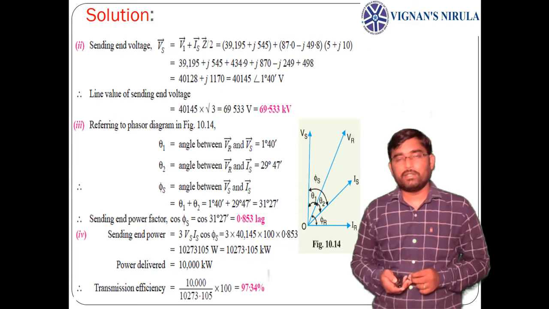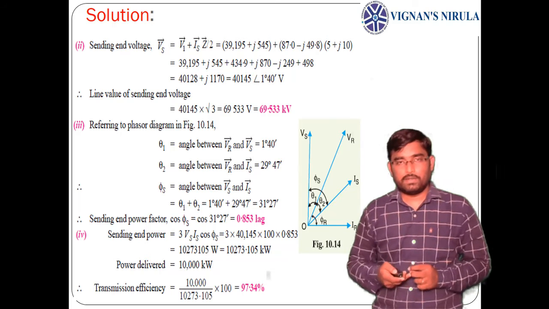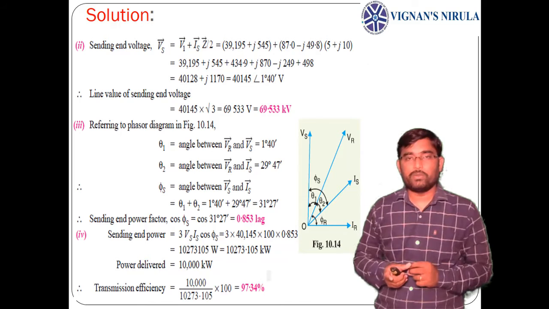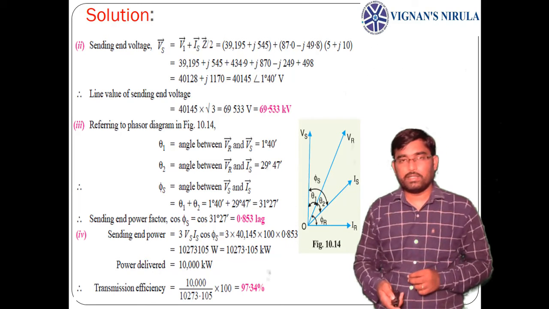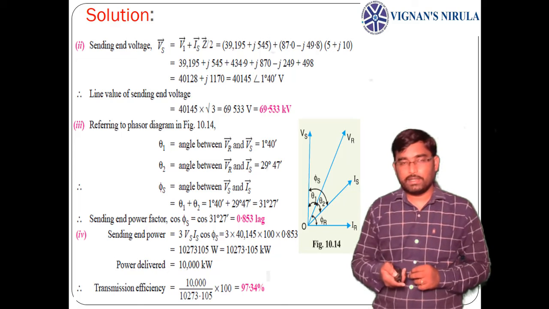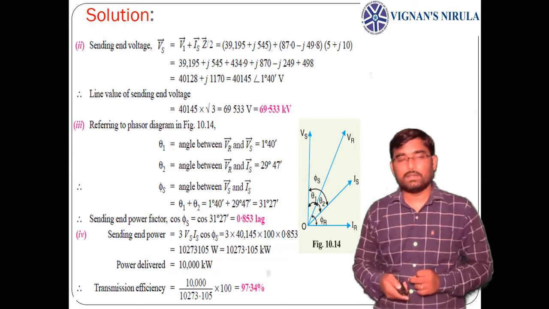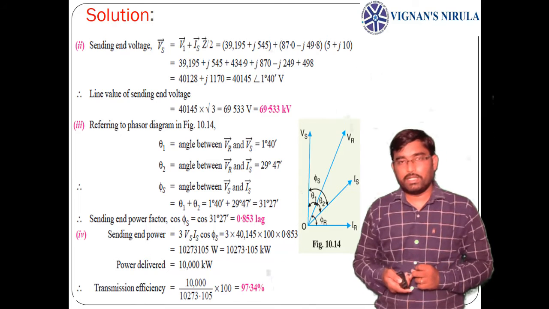After getting the sending end current, of course, we need to find the sending end voltage also. The sending end voltage is Vs equals V1 plus Is into Z by 2. V1 is already obtained, Is is now calculated, and Z is already there. Putting the values of V1, Is and Z in that equation, we get the sending end voltage Vs as 40,128 plus j 1170.